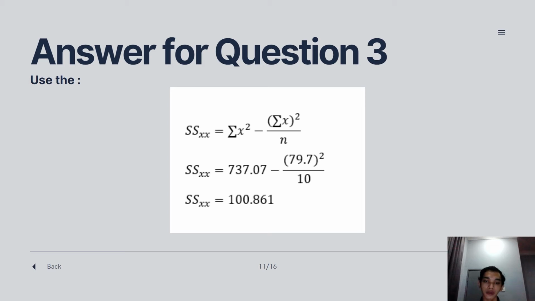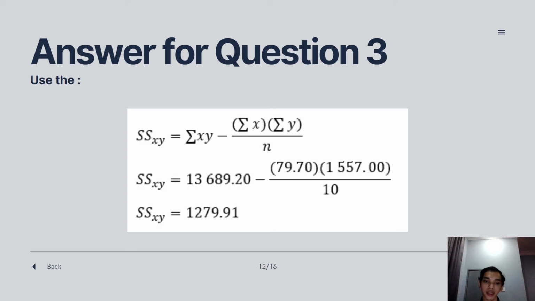That is the formula of sum x squared minus sum x all squared divided by n, and we will get 100.861. Then we need to find the SSXY, that is sum of xy minus sum of x times sum of y divided by n, and we will get 1279.91.